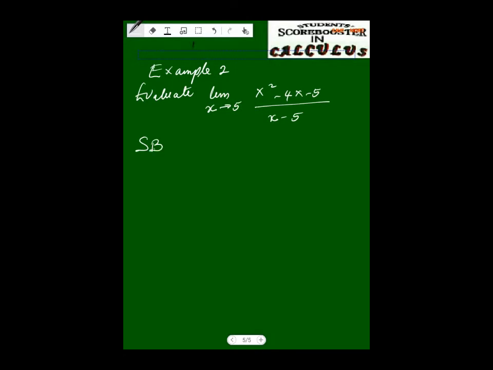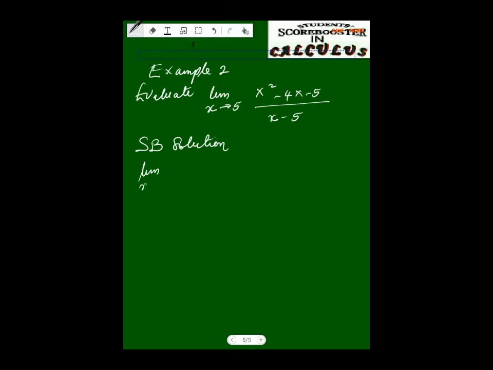So let's see how to work this out. I must say here that in limits, factorization is very important. You need to have some basic knowledge of factorization. So let's see the question.